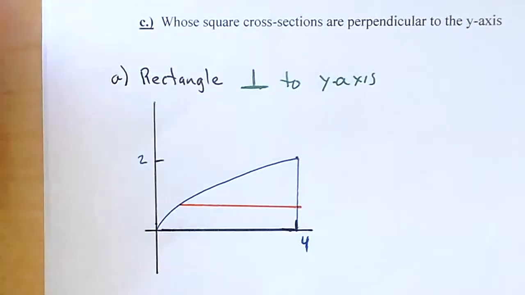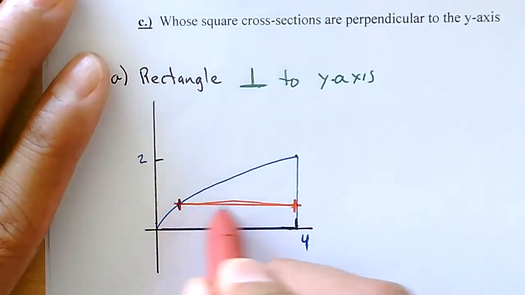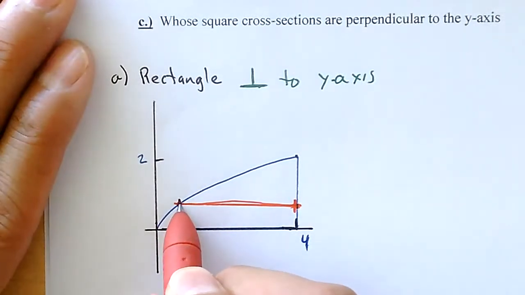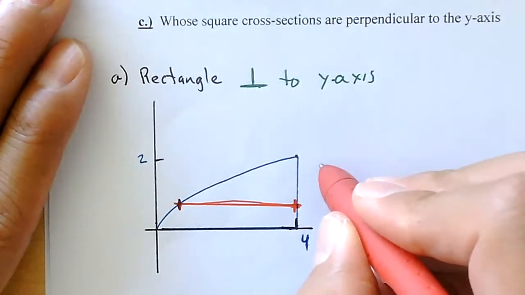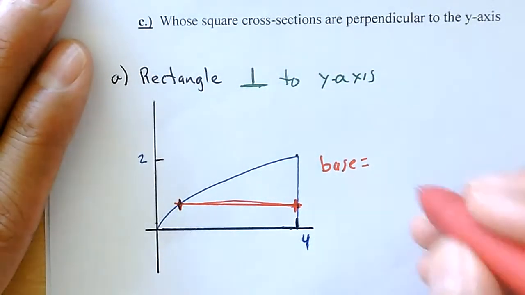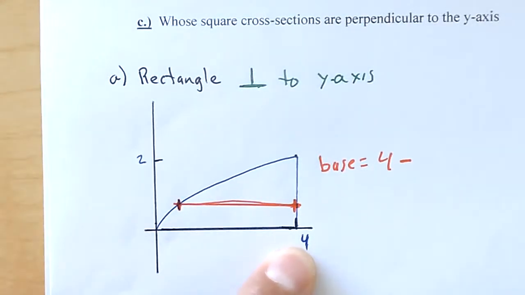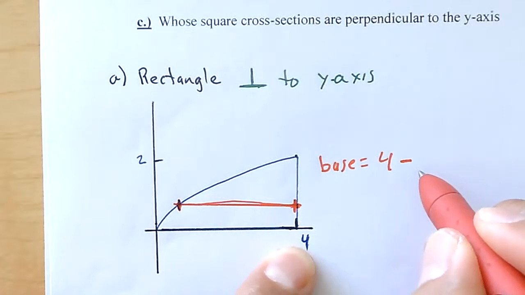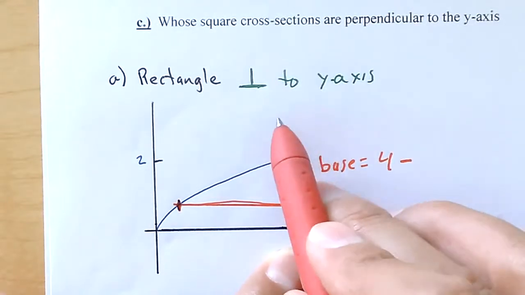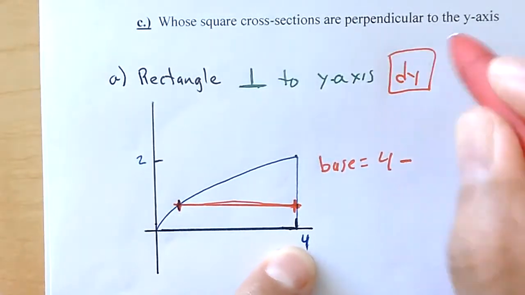And in order to get this base, the distance from here to here, I need to go right minus the left. So the base is the right hand side, which is 4, minus the left hand side, which, by the way, I should have mentioned earlier. If you're perpendicular to the y-axis, it has to be in dy.